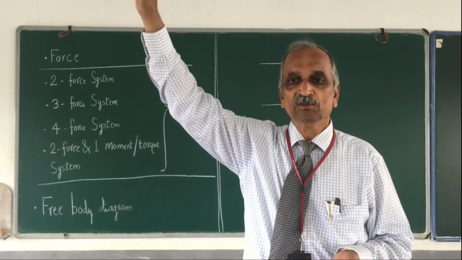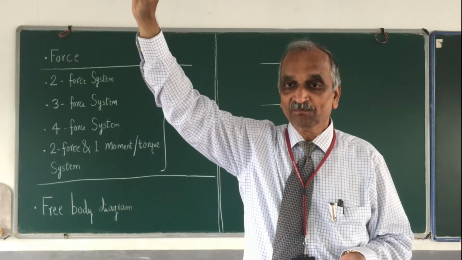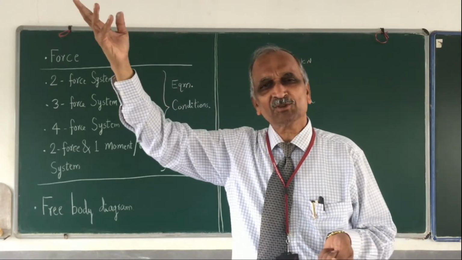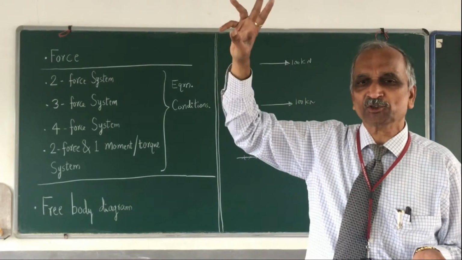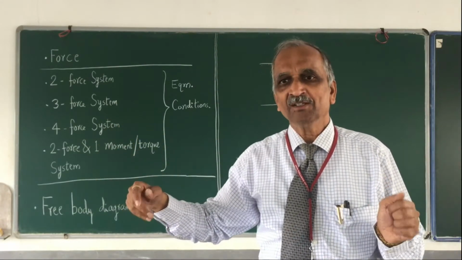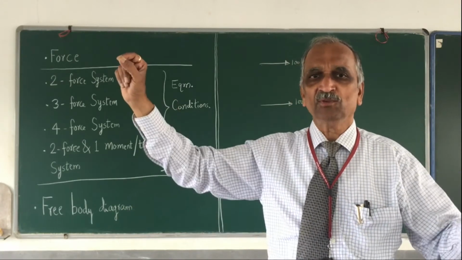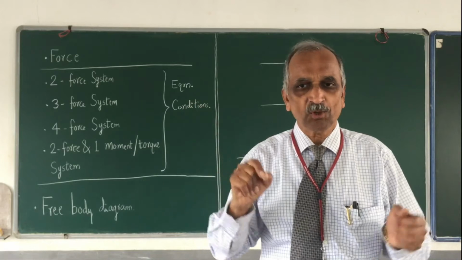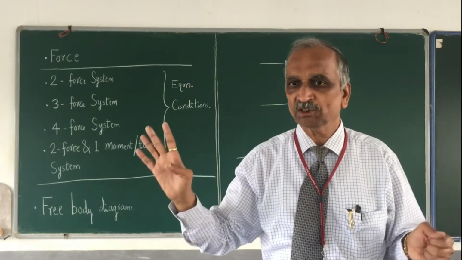The magnitude, then line of action, or sometimes direction also. Many times we are happy with the line of action of the force, even if I don't know the direction. If you know the line of action, then you choose any point on that line, and that is a point through which the force passes.